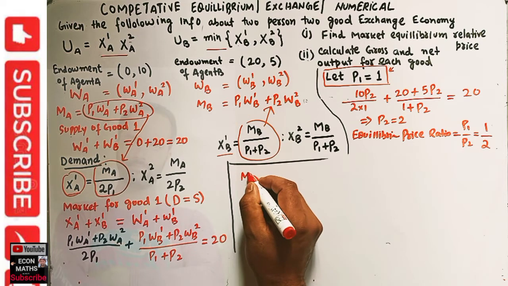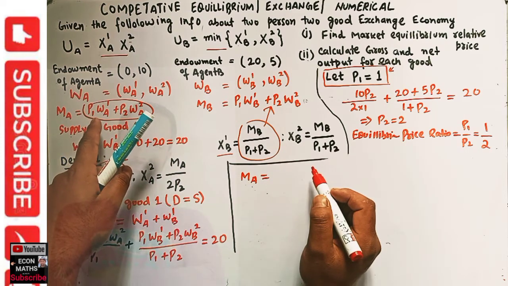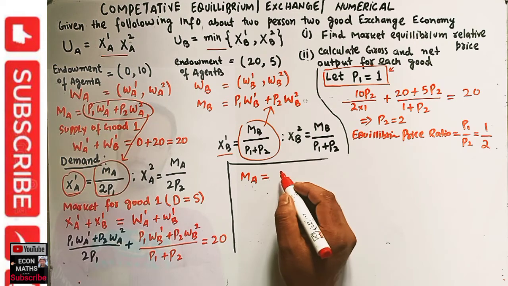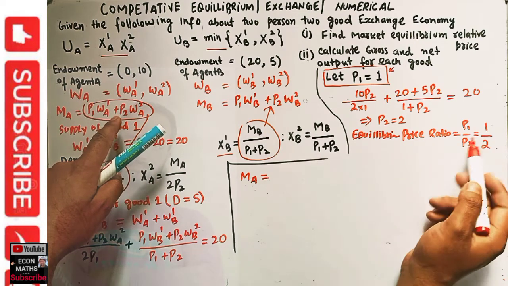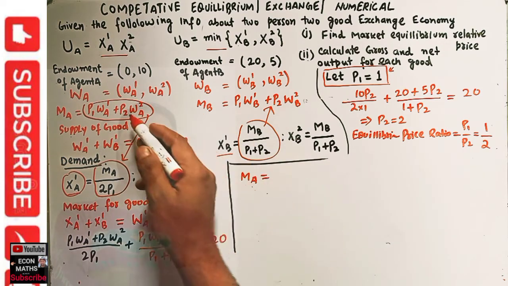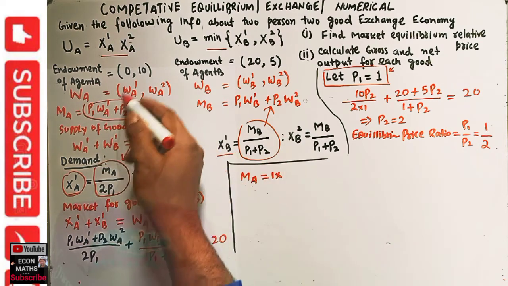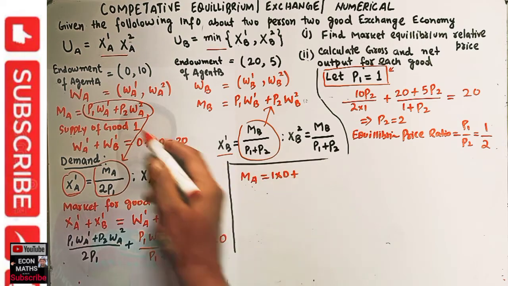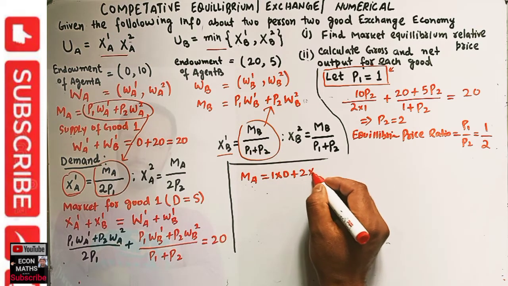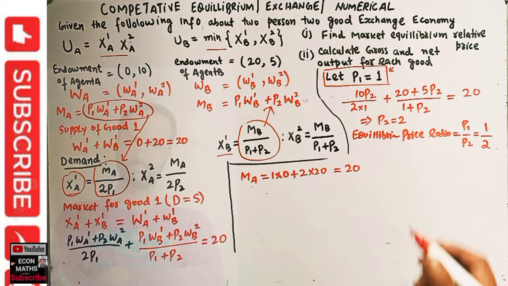The total income of person A will be price of good 1, which is 1, into units of good 1 the person is holding, which is 0, so 1 into 0 is 0, plus p2 which is 2 into units of good 2 person A is holding, which is 20. So we got it as 40. This is the income for person A.